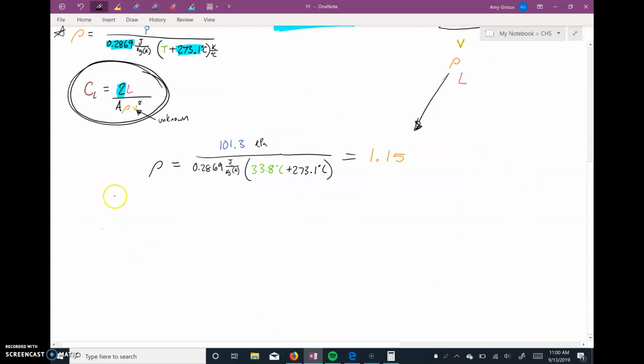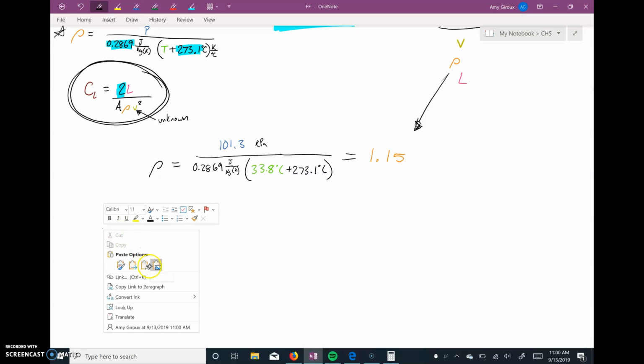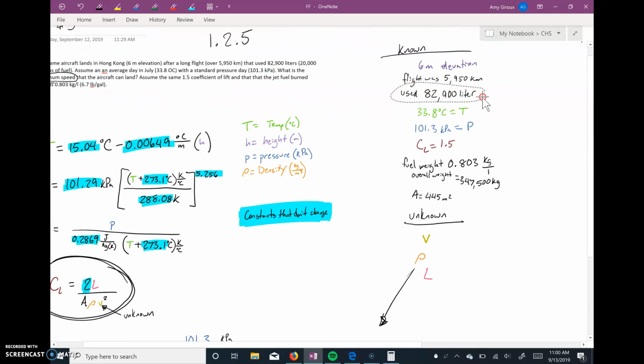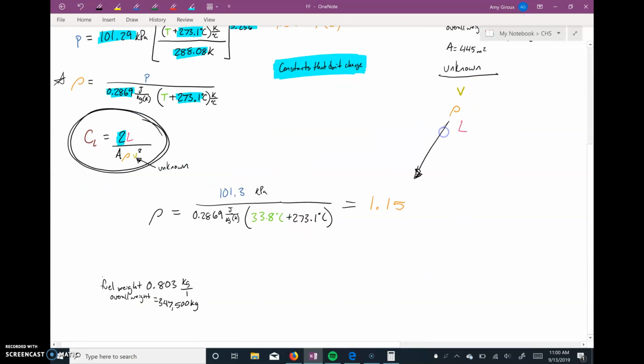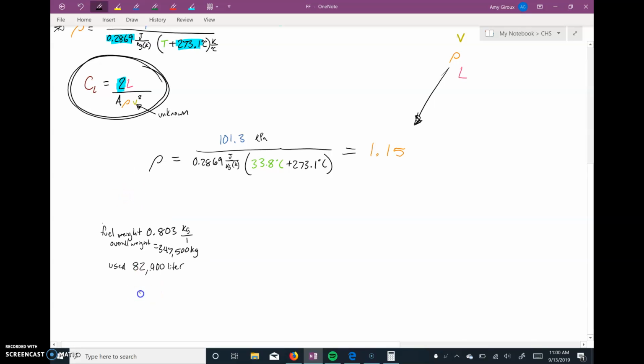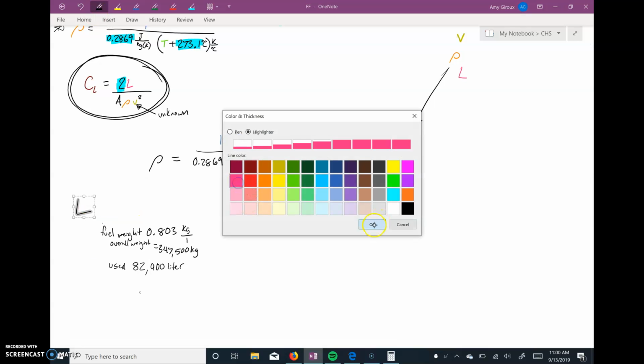We're going to bring this down here for ease of use. There we go, and our 82,900 liters. For lift, we have to use these three together to find how much the plane weighed at that point.